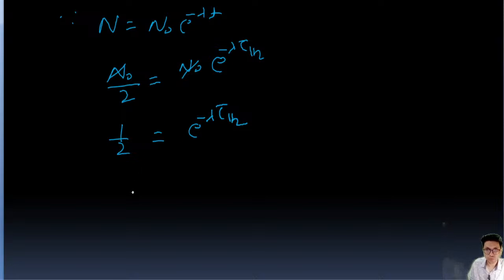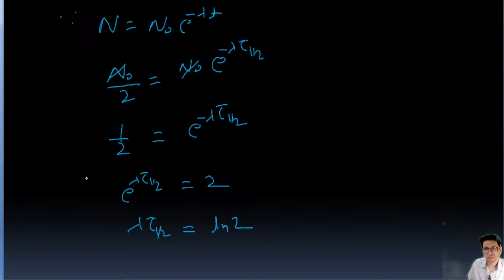Okay, so from here we can write e to the power lambda tau half is going to be equal to 2, or we can write lambda tau half is going to be equal to ln2. We have used the log property, right?